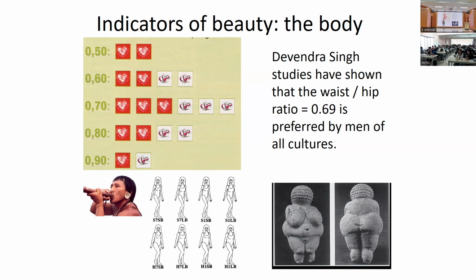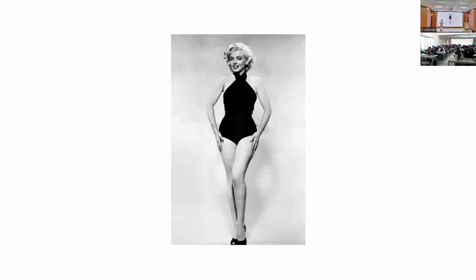So in other words, the primitive man, or the judges of Miss America and Miss Universe who are judging the female body, are doing a kind of endocrinological judgment. They are deciding, unconsciously, if she is good at producing babies. He doesn't know it, of course, but it is exactly what he is doing.